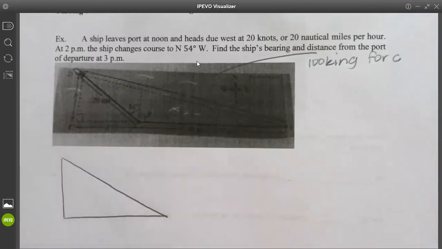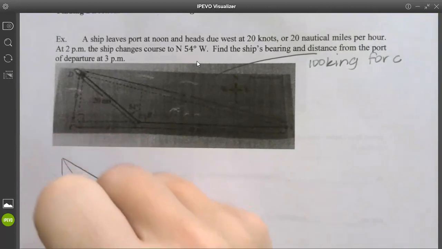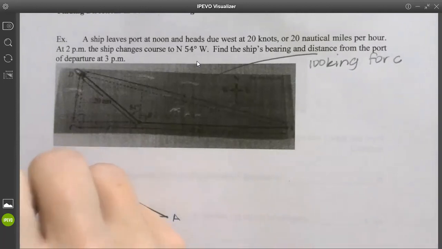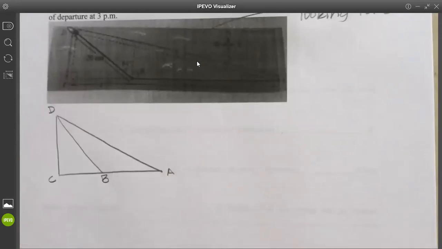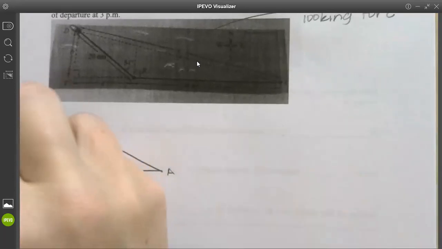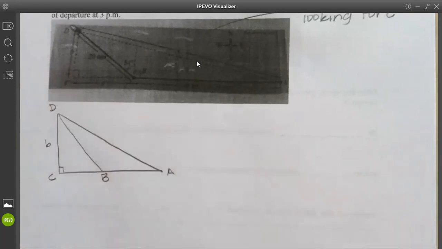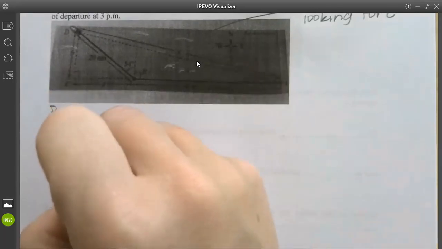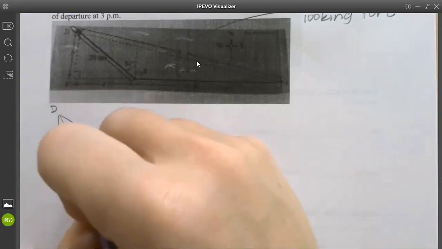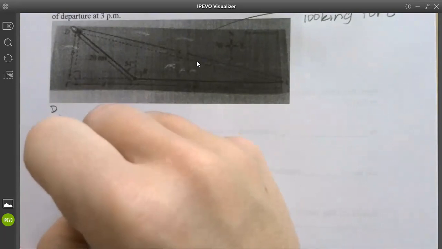So we have one big right triangle and one smaller right triangle. There's your labels, A, B, C, D. C is your 90 degrees. DC is little b. You have a straight helping line right here. And this angle is 54 degrees.